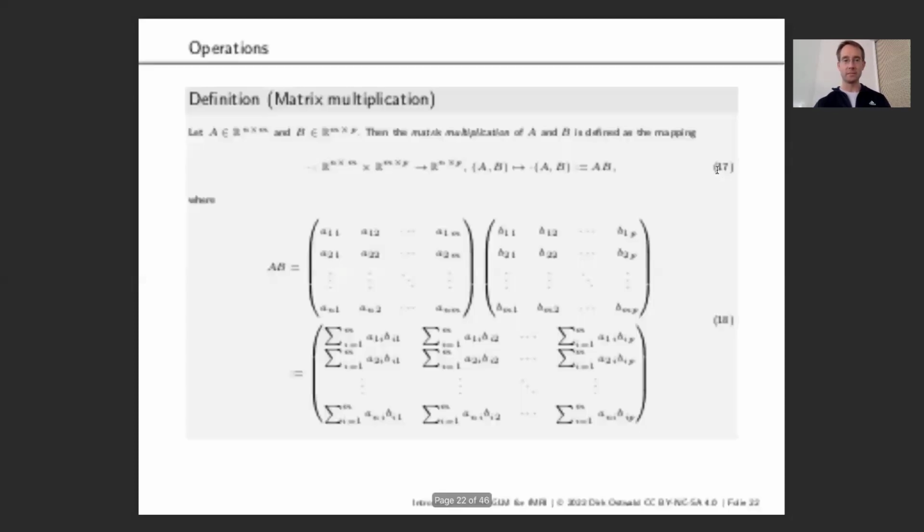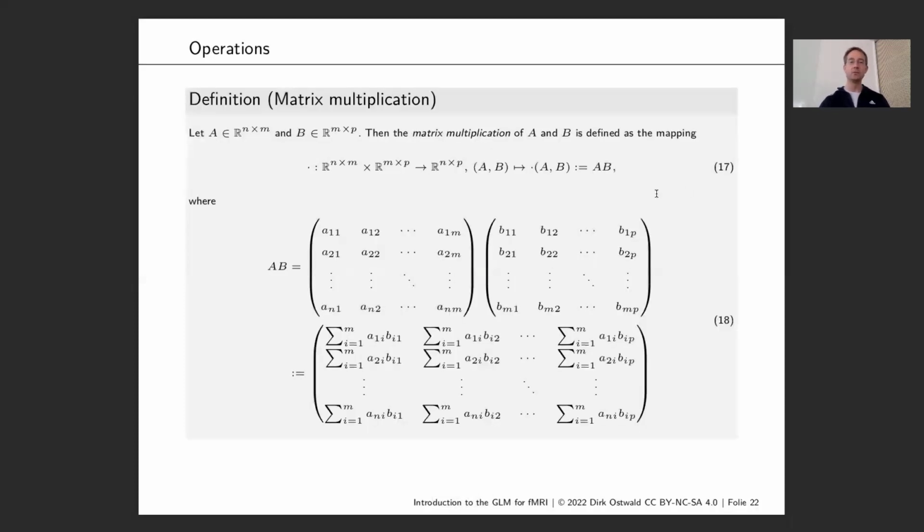That's always the case. So what are the entries? The entries you get from an operation that you need to get your head around. We start here with the first element. For this element, you take the first row, you transpose this row, so you swap it by 90 degrees and overlay it on the first column of the second matrix, in your head. And then you do an element-wise multiplication of the things that are on top of each other.